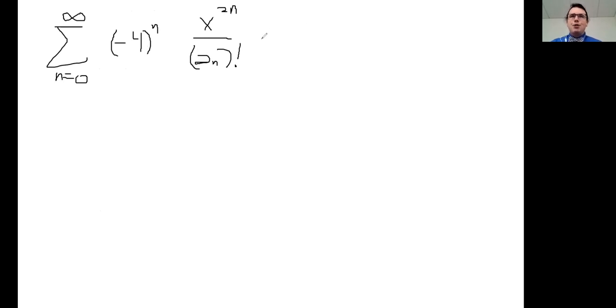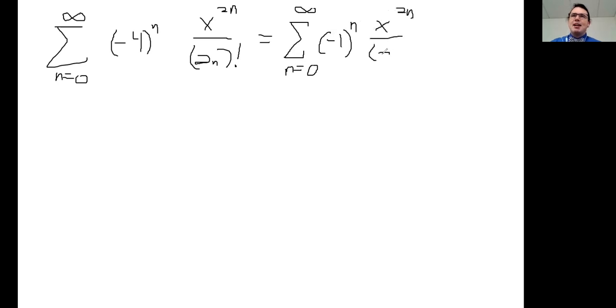Once again, I want to rewrite this so it more closely resembles the formula for the Maclaurin series of cosine of x. I'm expecting to see minus 1 to the power n. I'm expecting to see x to the power 2n. I'm expecting to see that denominator of twice n inside the factorial.